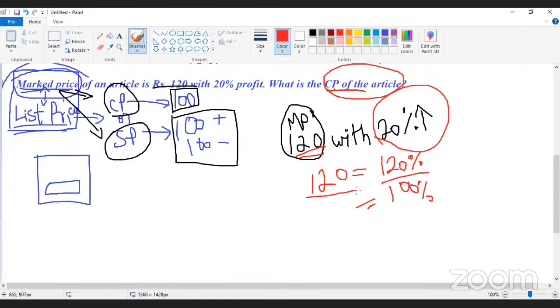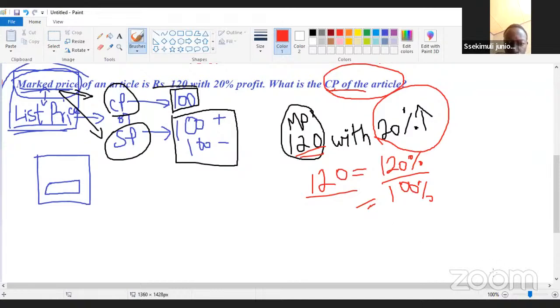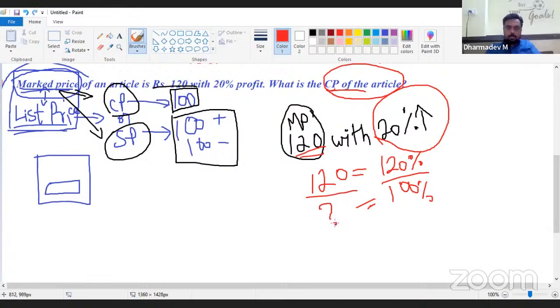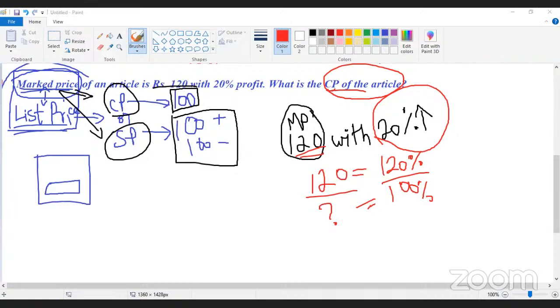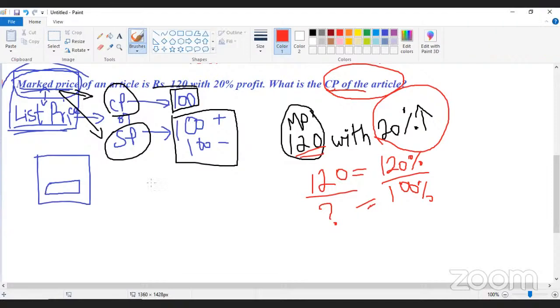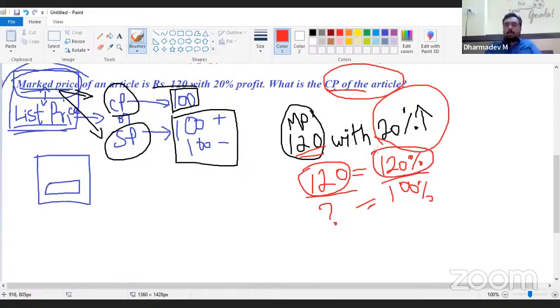Are you clear with the question? X, or you can make it a question mark. See, 120 is equal to 120%, then 100% is equal to 100.